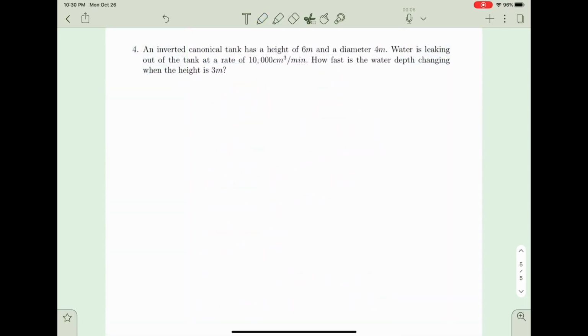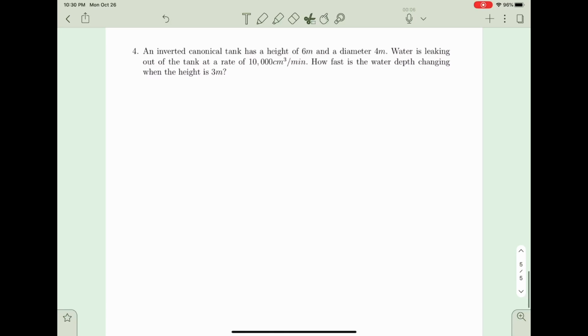Now let's take a look at the next question here, question 4. What we have is an inverted conical tank which has a height of 6 meters and a diameter of 4 meters. So it's a container of cone shape and also upside down.